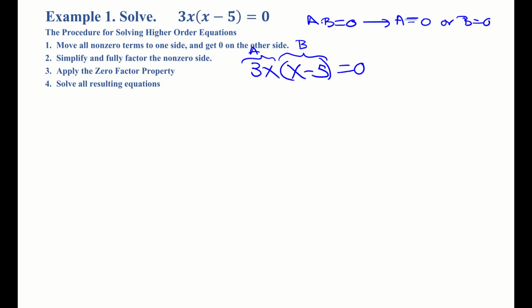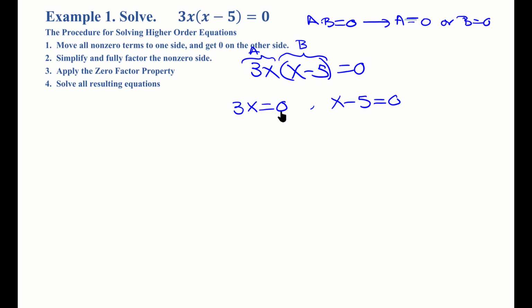So now we're going to say either a is 0, so 3x is equal to 0, or we usually just use a comma. Even though logically speaking a comma stands for an and, we don't take that too seriously, and we go ahead and utilize it anyway.